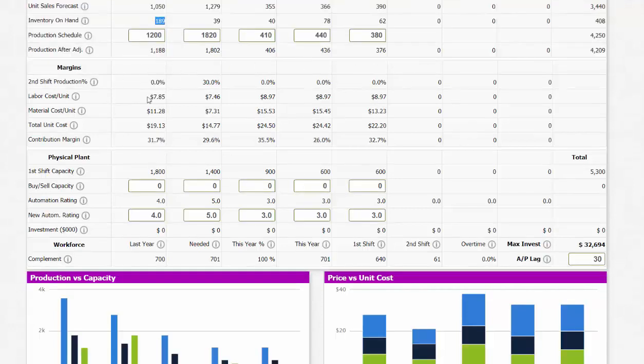Then we have this middle section here where you can see how much of your second shift production you are using. Are you just using one shift to produce your goods, or do you have to use the second shift? What your labor costs per unit are and your material costs per unit, as well as the contribution margin of your products. In the physical plant section, you control how much you can produce.